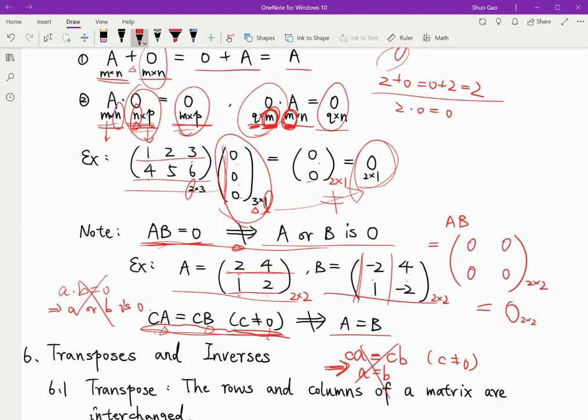So here are some of the differences between the number algebra and the matrix algebra. Right? In matrix algebra, because in a single matrix we have a lot of numbers, a lot of elements, it's a little bit more complicated to do operations as we did in the number algebra.